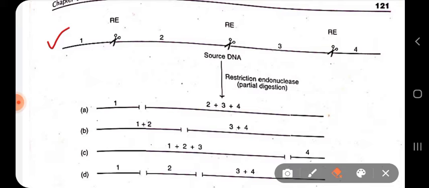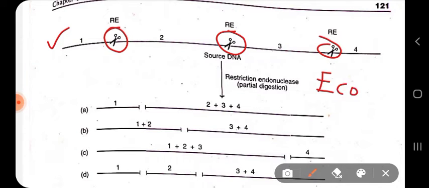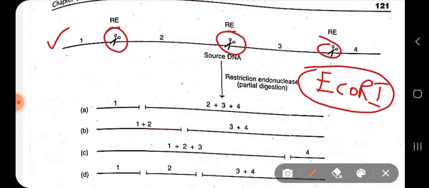Suppose these are the restriction sites for a particular enzyme, for example EcoR1, as I have drawn before. There are three sites for EcoR1.